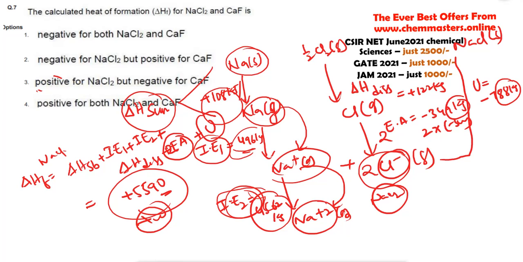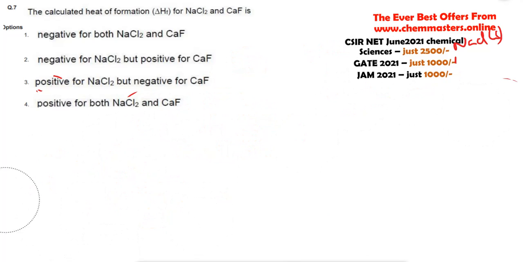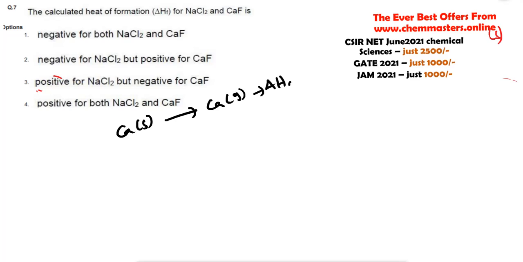Okay, right, now just try to look at the CaF formation. So here for the CaF formation, first we need to look at the calcium solid, which should be converted to gas. The enthalpy of sublimation equals 178 kilojoules per mole.